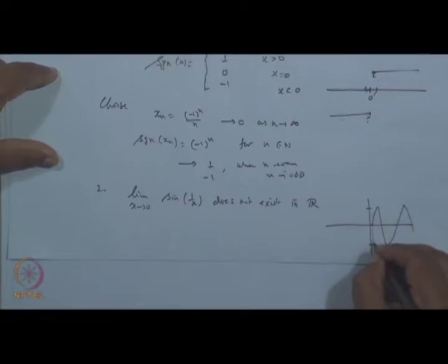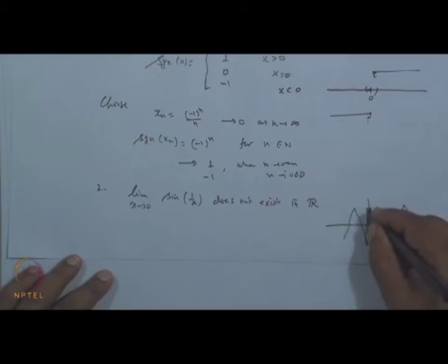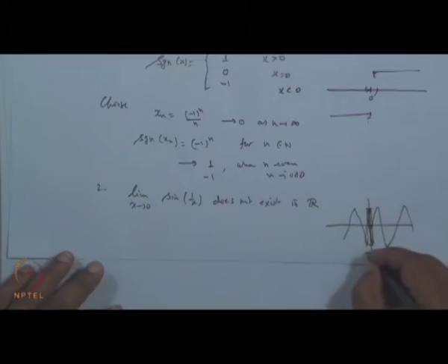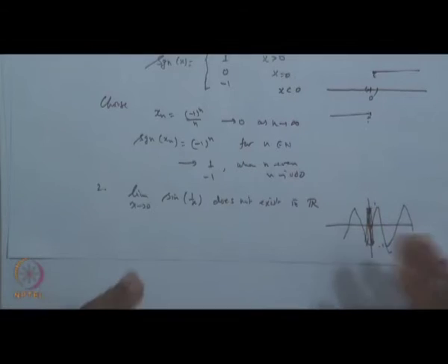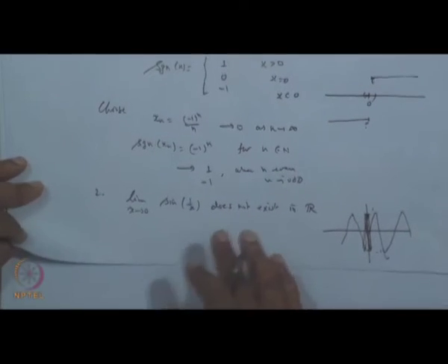But as soon as we get near 0 it fluctuates too much, jumping up and down, up and down like this. So we get a fluctuation, and the fluctuation is very thick around the point 0. We are claiming this limit does not exist.